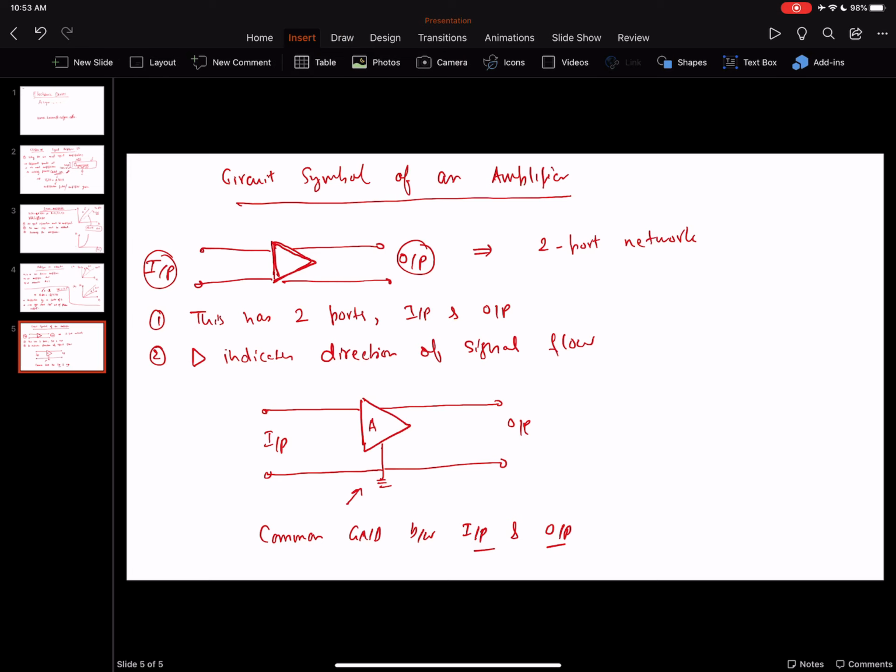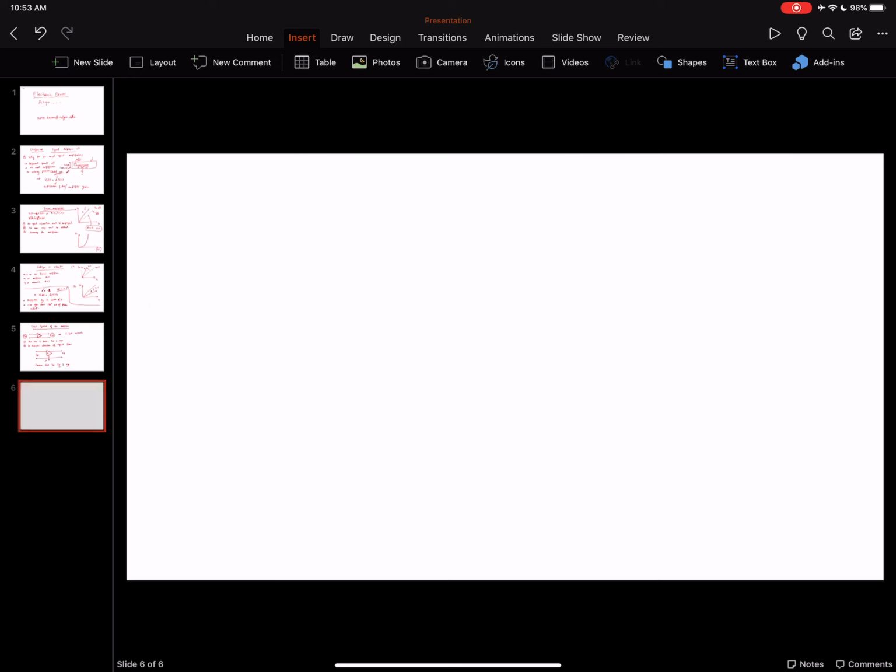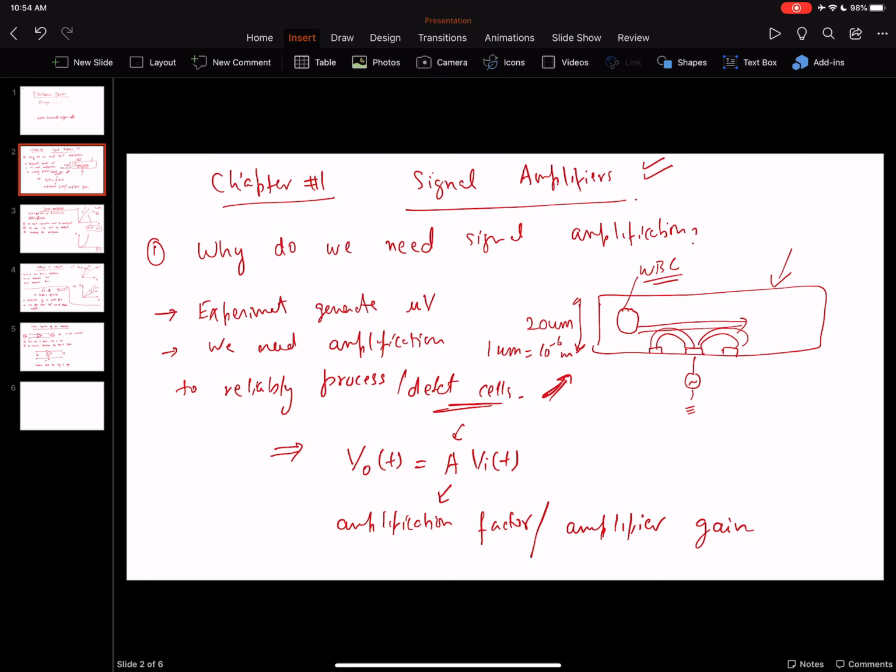So let's talk about another important concept. We have introduced this word amplifier gain. Earlier, in the first slide, you can see this A. We introduced it as an amplifier gain.